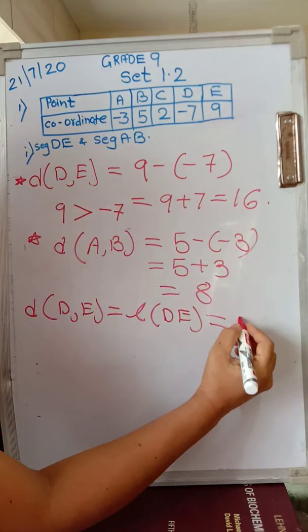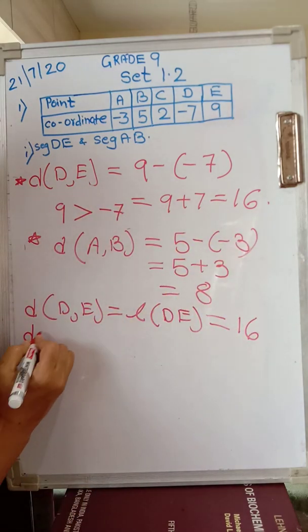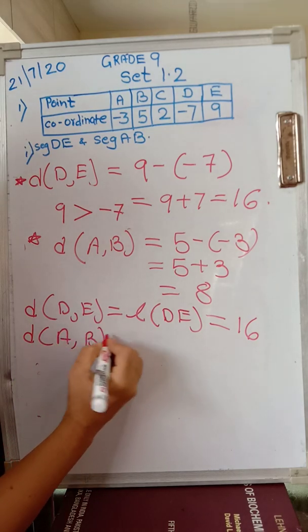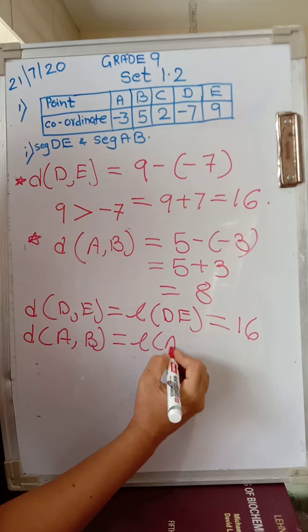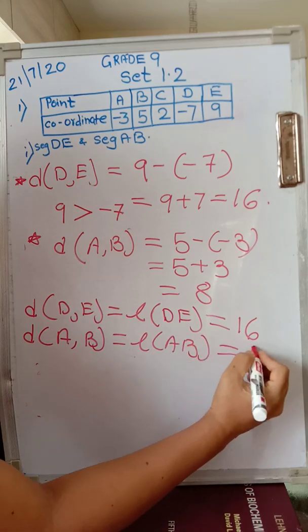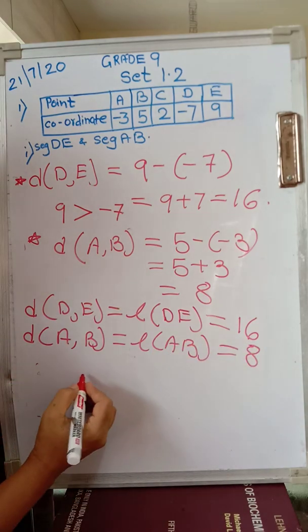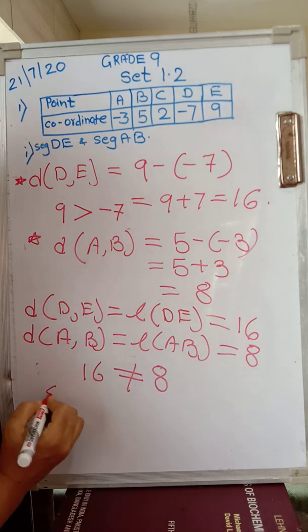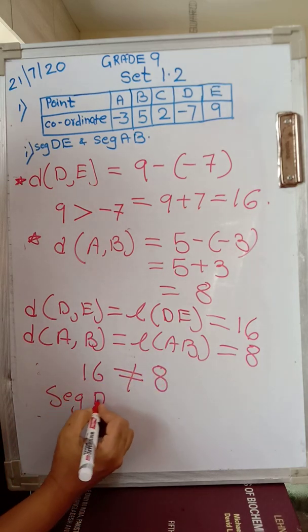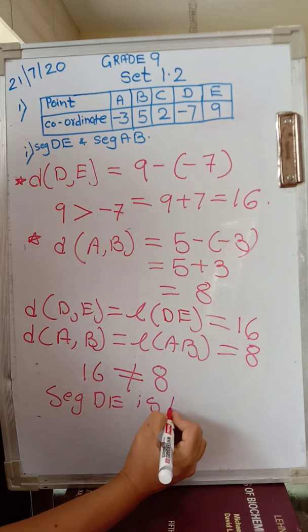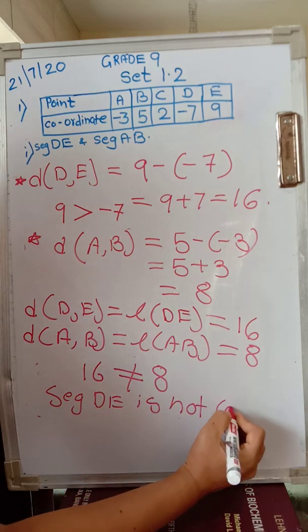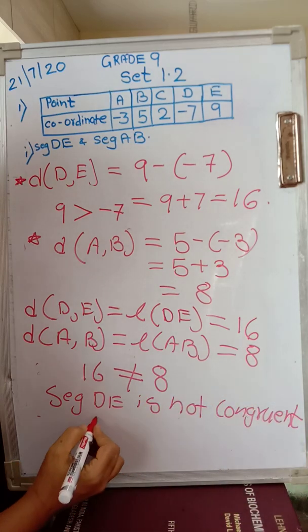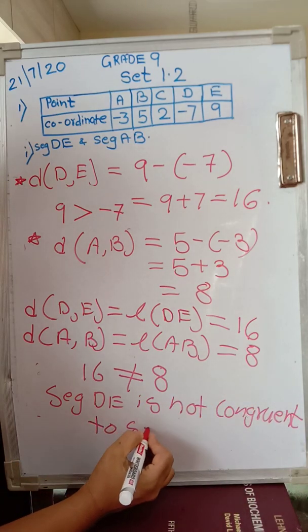DE we have calculated 16. And distance between points A comma B is equal to length AB, which is equal to 8. Okay. Now you know that 16 is not equal to 8 and therefore segment DE is not congruent to segment AB.